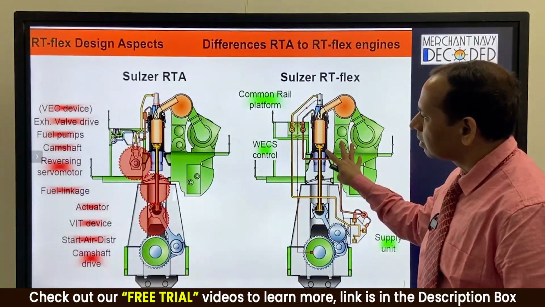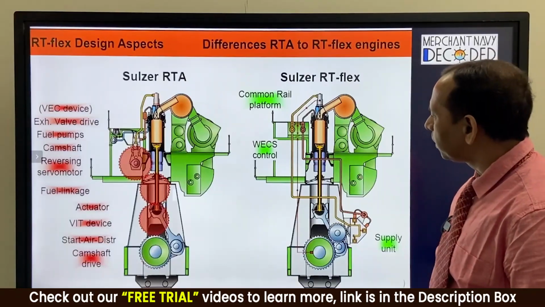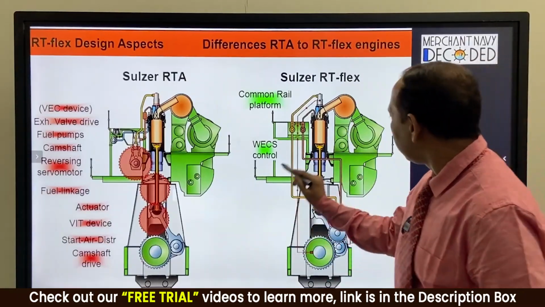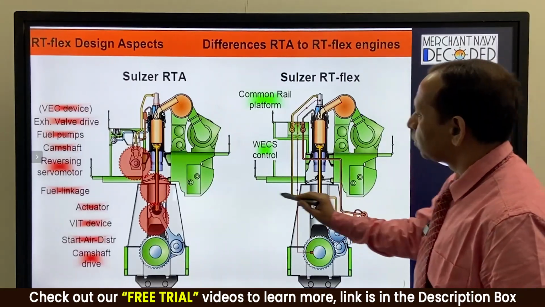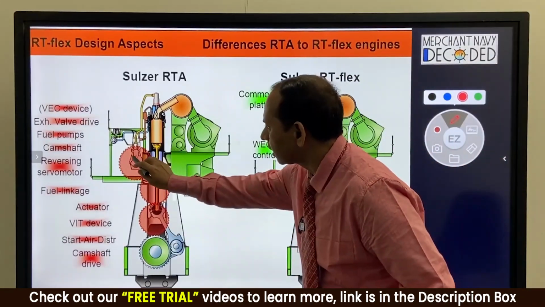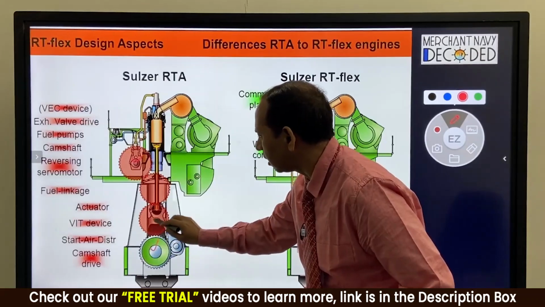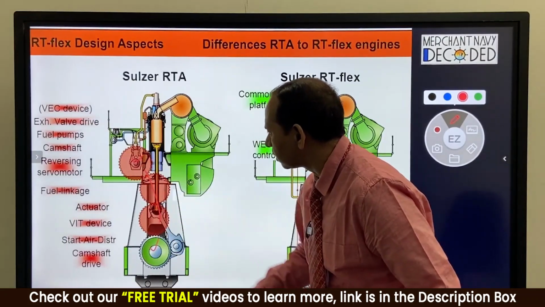So that is the major change that has happened, and because of this major change, all these gears which were made to connect the camshaft and crankshaft became obsolete now.